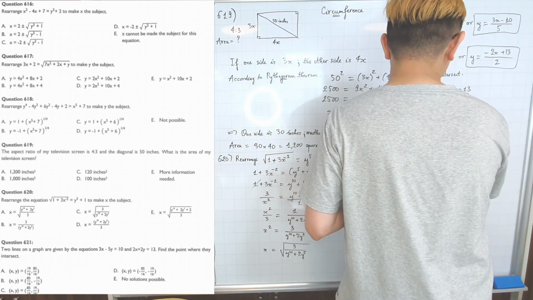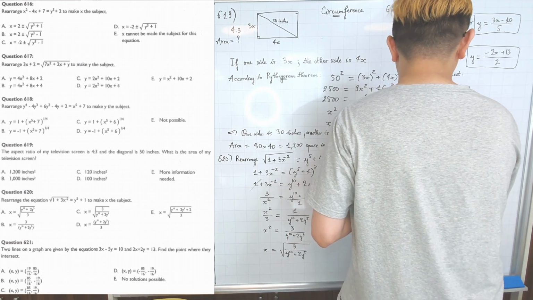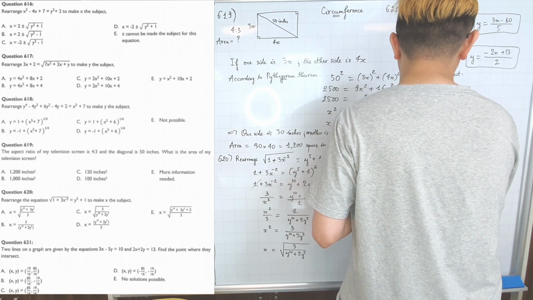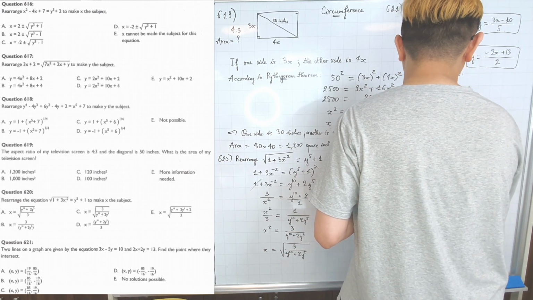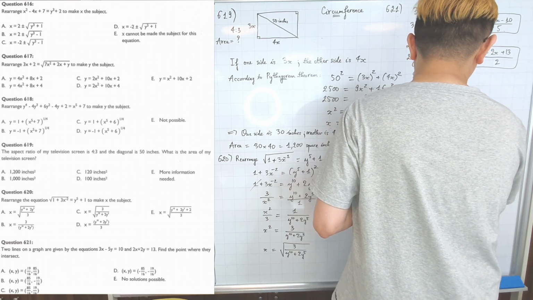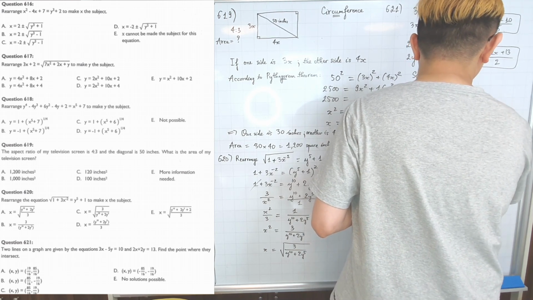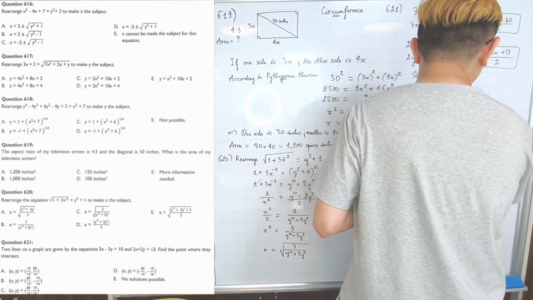So this one times 2, this one times 5, isn't it? 6x minus 20 equals minus 10x plus 65, isn't it?